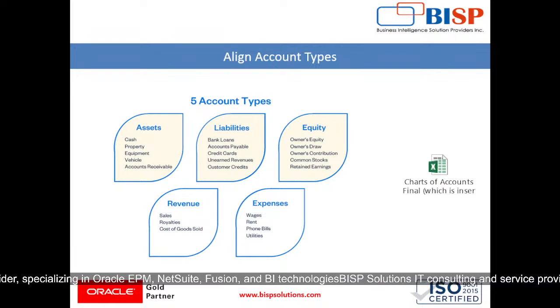Then in equity, we will be covering owner's equity, drawings, contribution, common stocks, retained earnings, like that. Then in revenue, we will be mentioning sales, loyalties, cost of goods sold. And in expenses, we will be mentioning wages, rent, phone bills, utilities, like that.